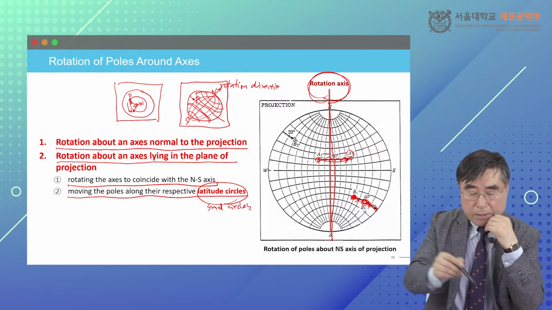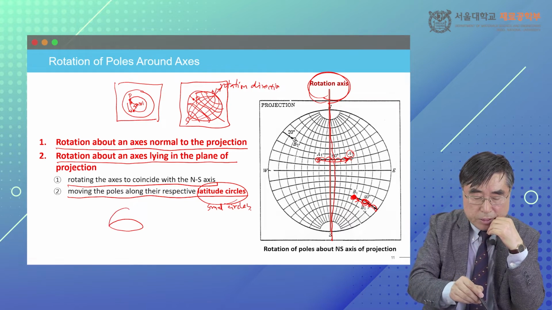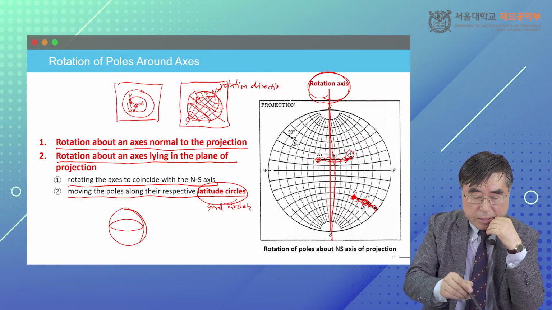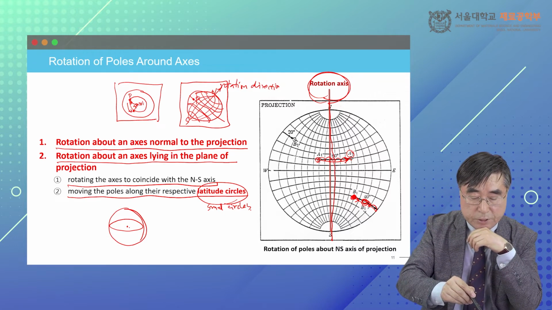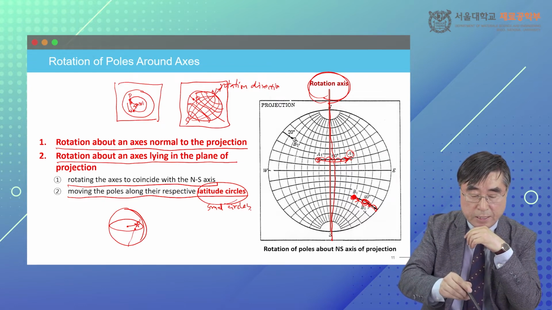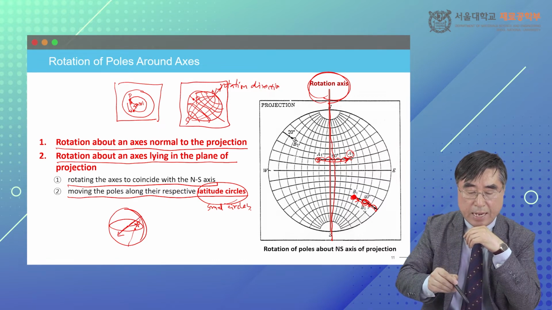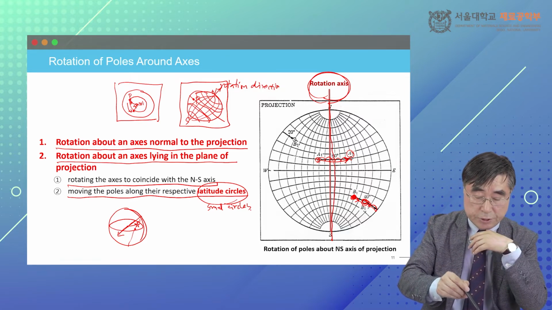Now, it may not be clear, so let me draw one more drawing. It is like this. I have this stereogram like this. I have a certain pole here, P1, which is represented somewhere here on the stereographic projection. Now I want to rotate it about a certain direction lying in the plane of projection.